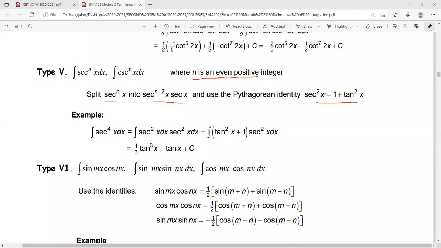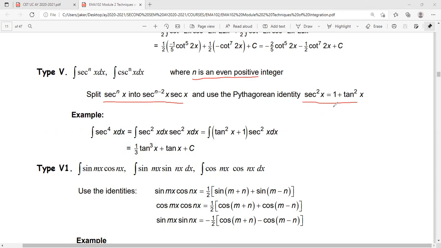If we already converted the secant squared of x to 1 plus tangent squared of x, the only way that we can integrate these two terms, the 1 and the tangent squared of x, is for it to be multiplied by the secant squared of x, not just secant of x. Because the secant squared of x is the derivative of the tangent of x. Standing alone, your secant squared of x is also integrated right away using the simple trigonometric integral formula.